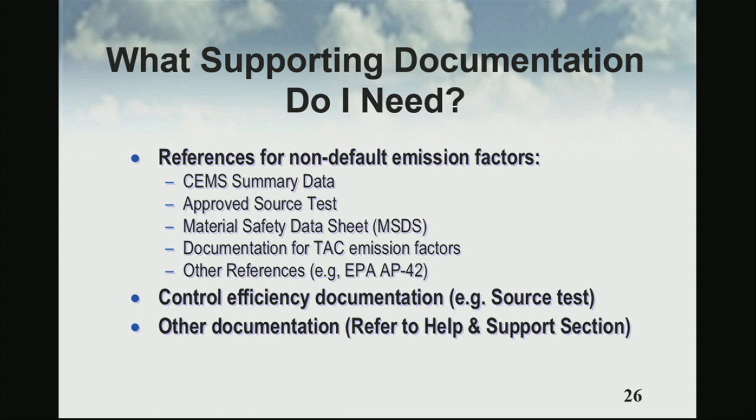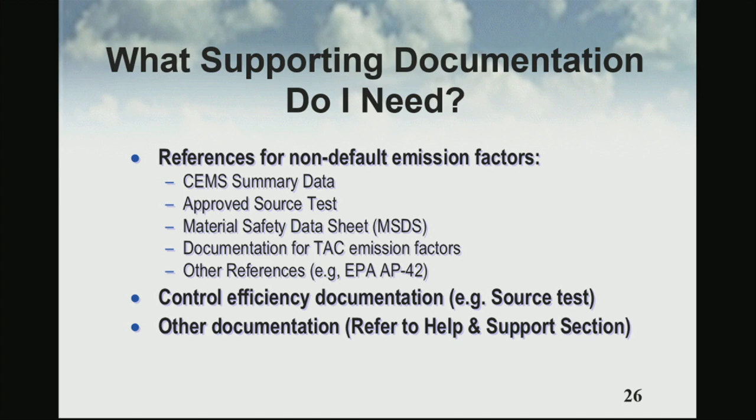You don't have to include the entire source test report, only the first few pages that talk about the source test: the facility name, source test number, the report number, who did it, the specification of operating parameters at the time they were doing the testing, and the result would be sufficient. I assume the first 10 pages should include all of those summaries.